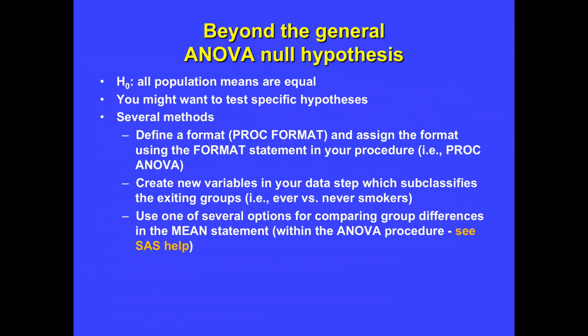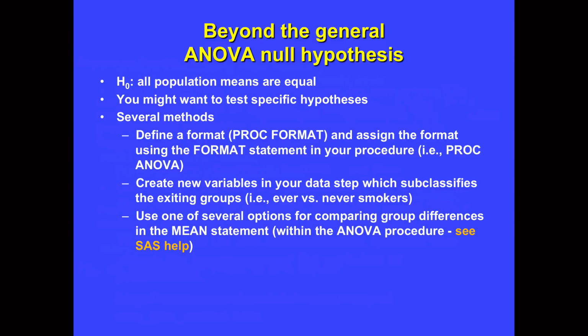There are different approaches to accomplishing that in SAS. One approach would be to simply create a format that would group the smokers as maybe ever smokers or never smokers, and then assign the format using a format statement in your procedure. Another option would be to run another data step or include in your original data step the appropriate code to create an alternate smoking variable that would define smokers as ever versus never, if that's the comparison we were interested in.